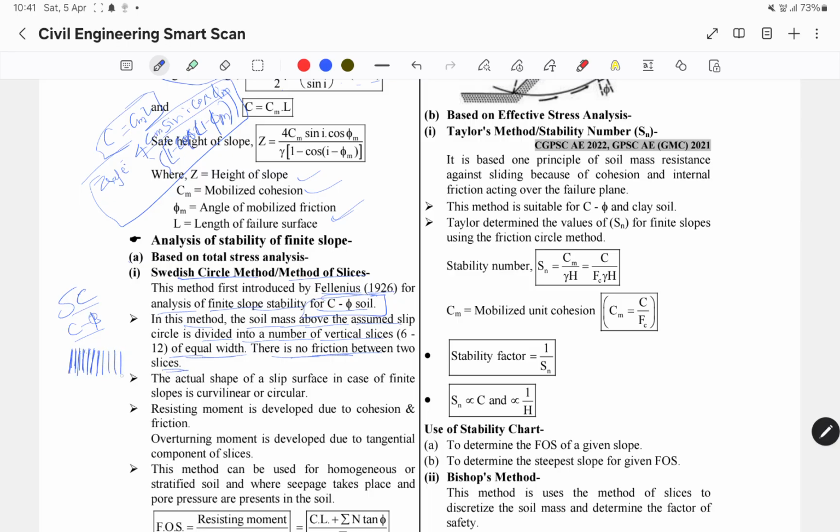The actual shape of a slip surface in case of the finite slope is curvilinear or circular.